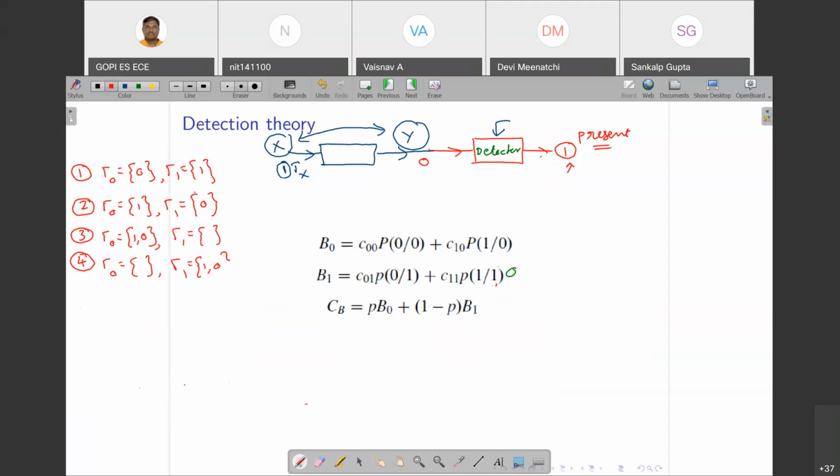So this is given to you, and what else is given to you? You are given the channel characteristics. So let me have channel characteristics like this. We have to get values which are valid channel characteristics. That is very important.